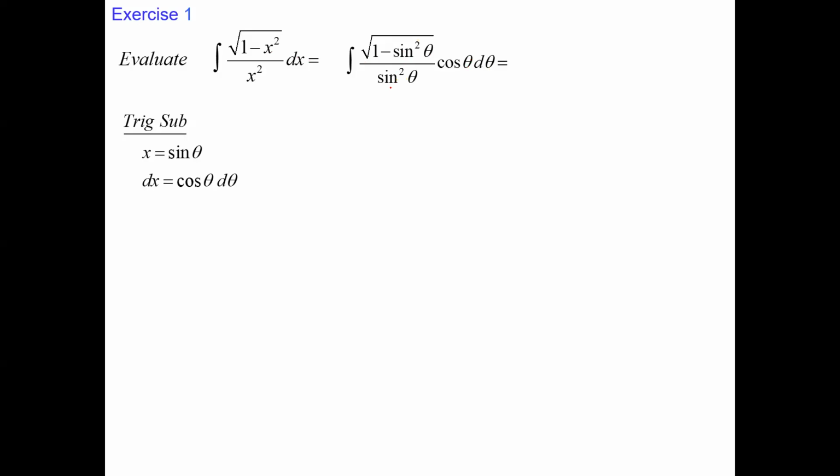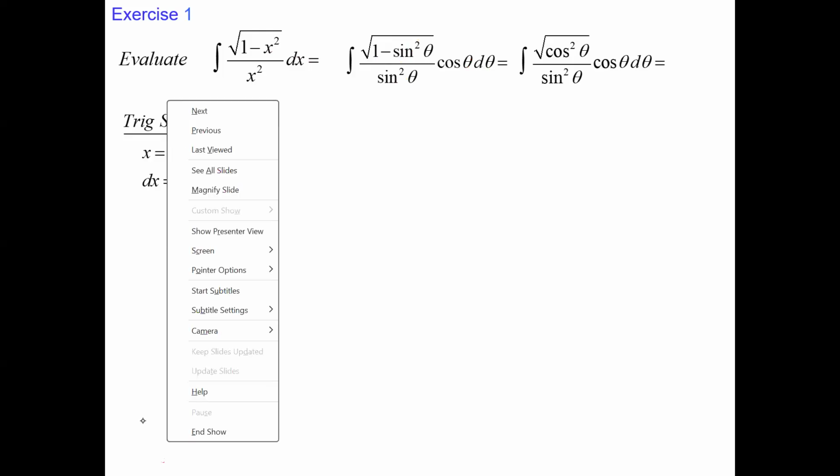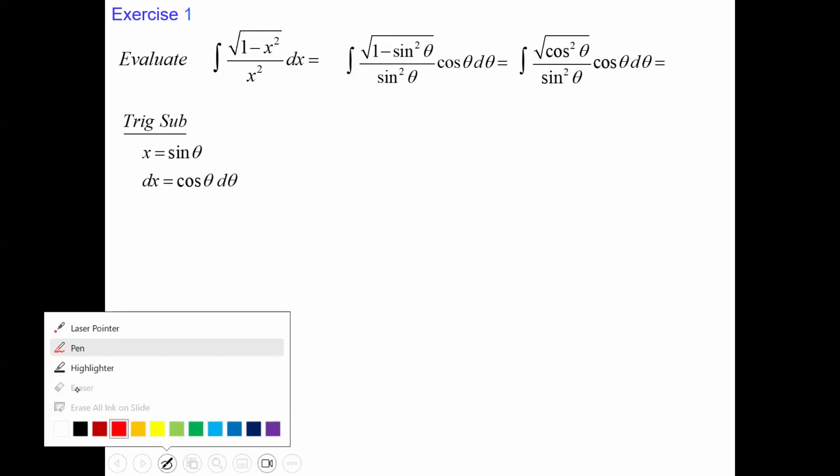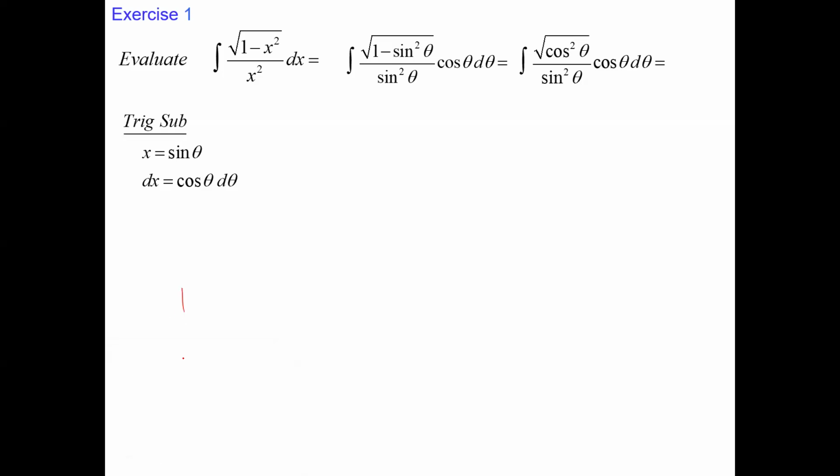numerator, the square root expression, 1 minus sine squared theta, I can rewrite as cosine squared theta.